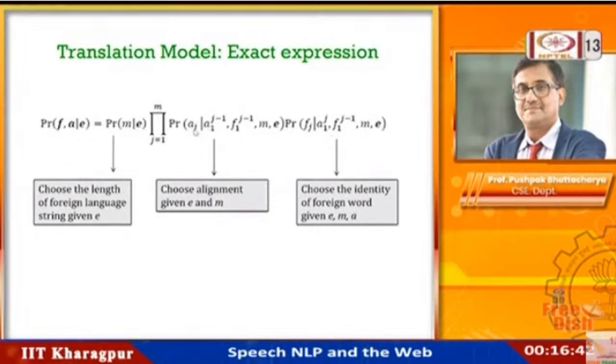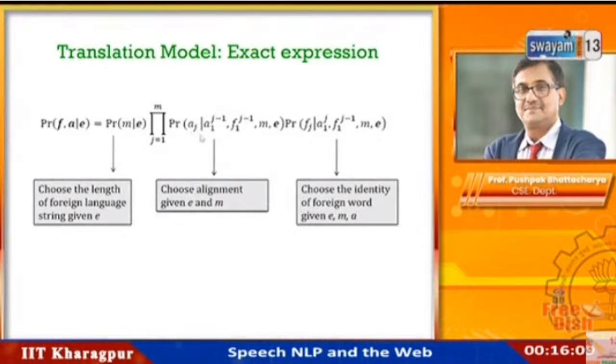And the probability of Fj is broken as the probability of Aj, and then Aj going into the conditioning part for Fj. If I take the probability of A, B, this can be written as the probability of A times the probability of B given A. So this exactly is happening. So the trick here is to look upon F comma A as a sequence of Fj, Aj tuples.